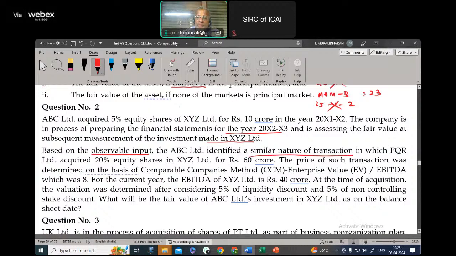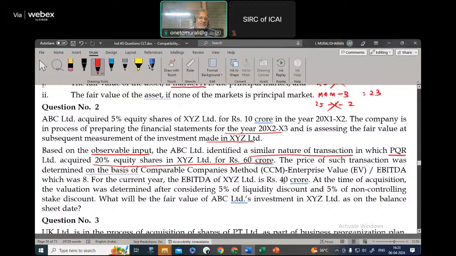A proxy company PQR, you have taken a so PQR in XY Limited 20% they are holding for 60 crores.